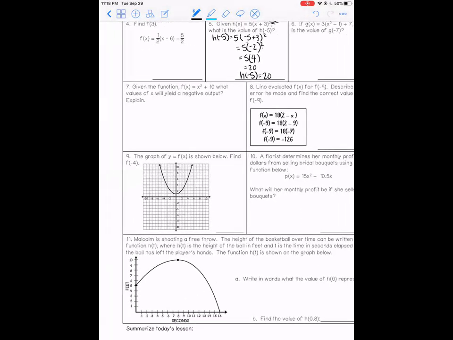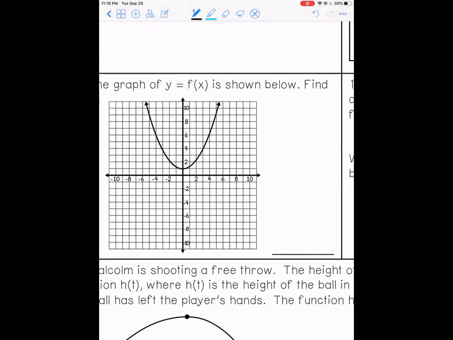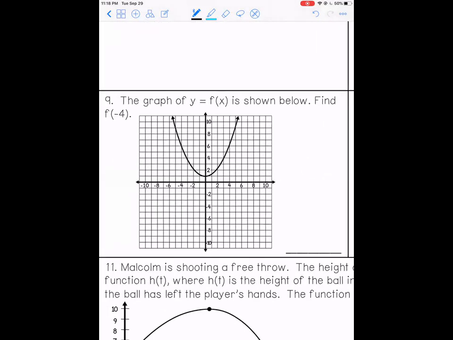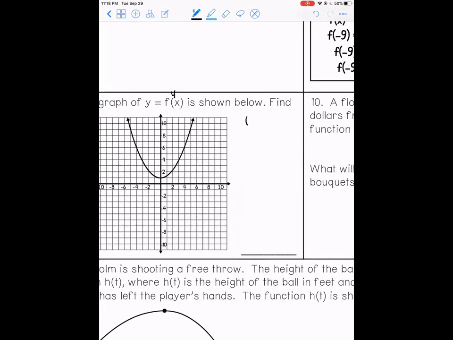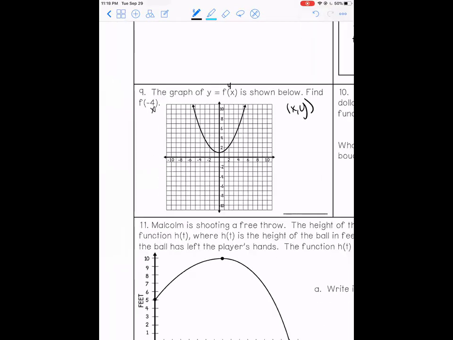Okay, so now we're going to look at number 9. How do we evaluate on a graph? This is the easiest one because we just look for our input value, or our x value. Remember, f of x is our output value, or our y, and this is our x, so we want to look for the ordered pair x, y. So what is that y value?